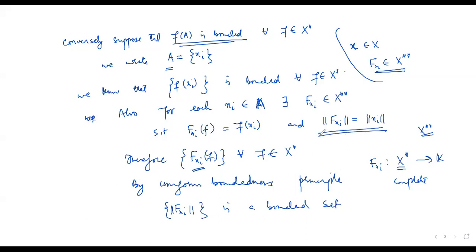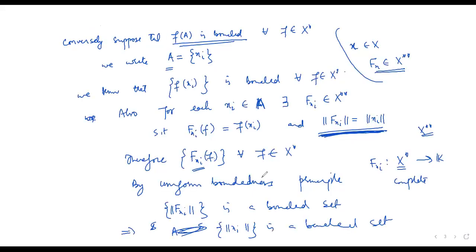But norm of f sub x_i is the same as norm of x_i, which means that norm of x_i is a bounded set, which is the same thing as saying that A is bounded. तो यहाँ पर हमने फिर से एक और एप्लीकेशन देखी यूनिफॉर्म बाउंडनेस प्रिंसिपल की, to show that if a set is weakly bounded, then it must be bounded. और वन वे तो बिल्कुल इजी है, अगर बाउंडेड है तो वीकली बाउंडेड तो होगा ही, जिस तरह से कन्वर्जेंस में वन होता था.